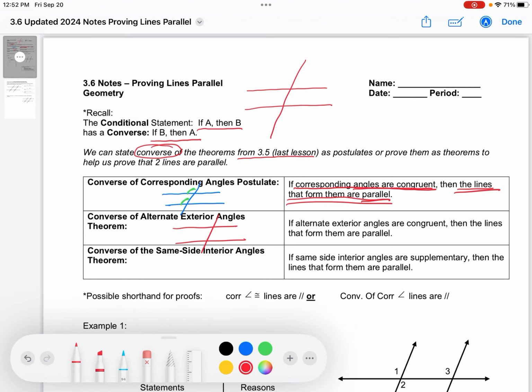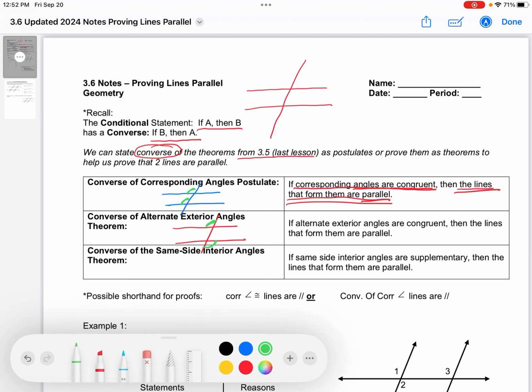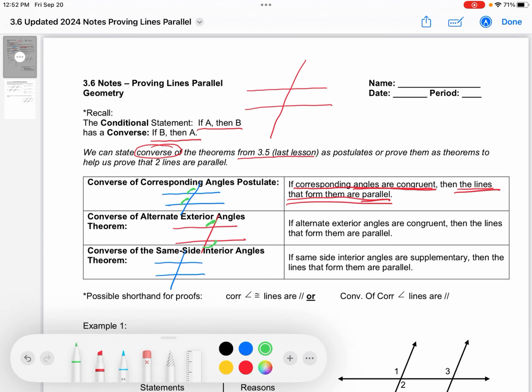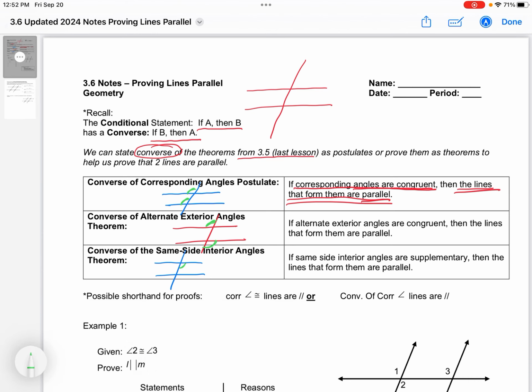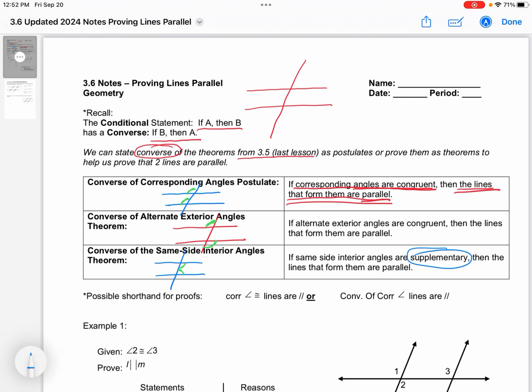If we have two lines with a transversal and the alternate exterior angles are congruent, then the lines are parallel. And then the last one is same side interior angles, which are not congruent. They are supplementary. Then the lines are parallel.